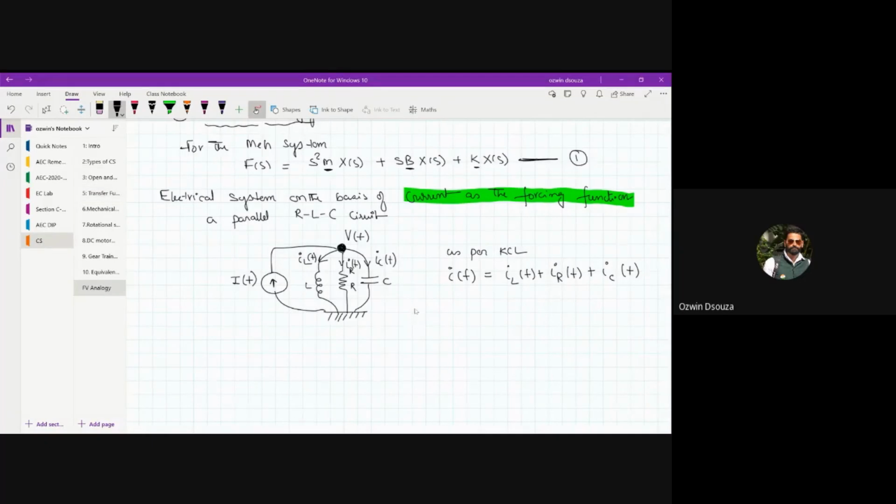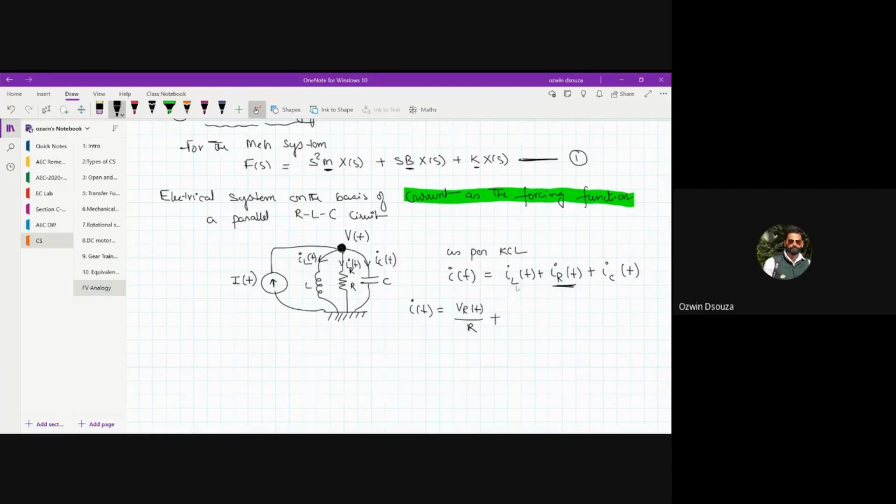Now I of t is equal to, what is current through the resistor? Ohm's law, right? V by R. So IR of t is nothing but V of t divided by R. So voltage by resistance gives the resistive current. Plus, what about the capacitor?